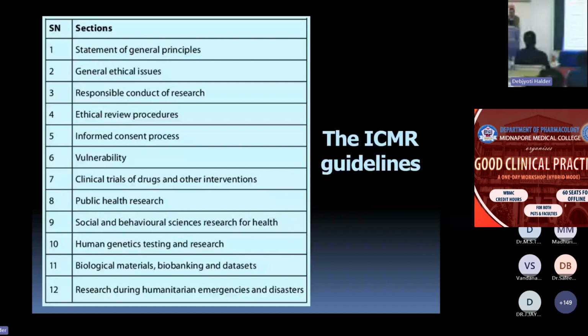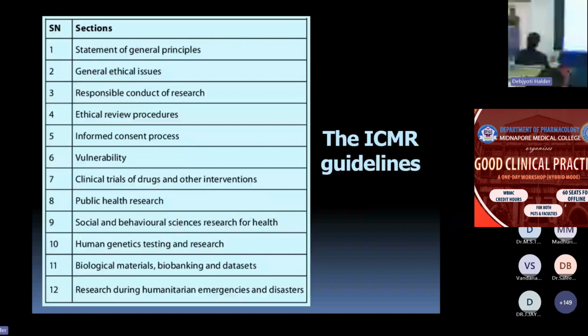You must remember that informed consent is not just signing a form. It has three components. Okay. Giving information, making sure that the information has been understood, and three, documenting consent. So there are three elements to the whole thing. It's a process. Then vulnerability, which is given a special focus. I'll speak briefly about them.